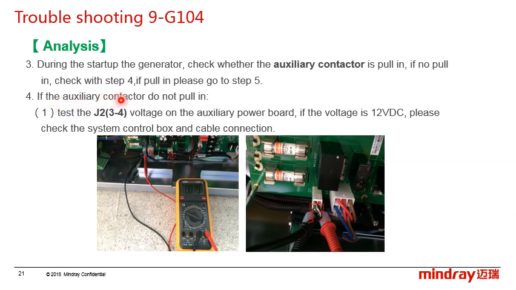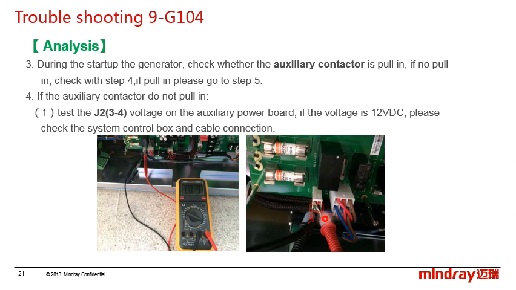For step 4, if the auxiliary contactor does not pull in, first we have to check the J2 connector on the auxiliary power board. Its location is here. This is the auxiliary power board, and this is the J2 connector.